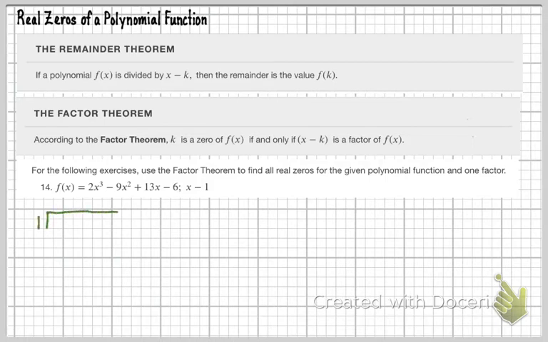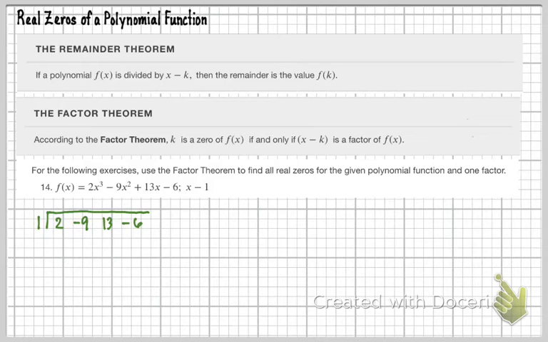And then on the inside, I'm just going to put all the coefficients. So I get a 2, negative 9. Now again, if I'm missing a power term there, I have to put a 0 in place of that. So this is going to be 13, and this is going to be negative 6. I've got a cubed, a squared, a linear, and a number. So I filled everything in there.